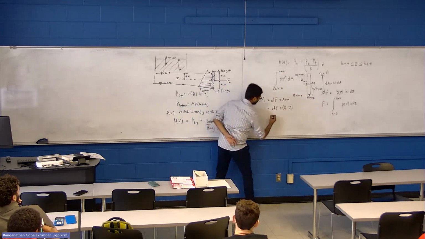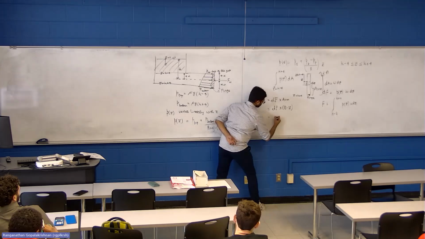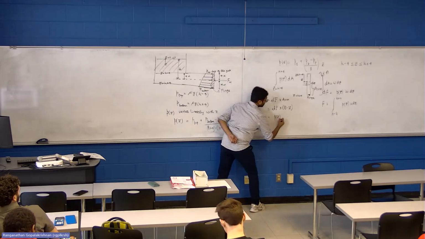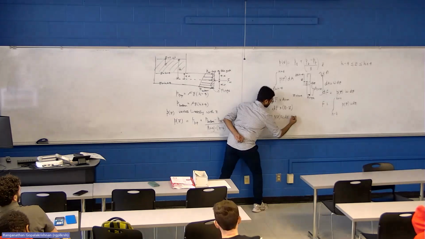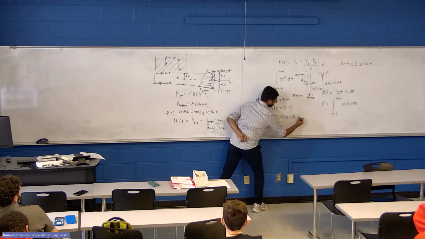Alright, so now what you do is you write dF is nothing but P of z times W dz, and then you multiply that with 8 minus z.